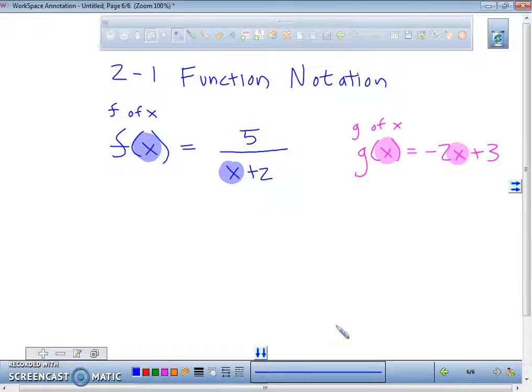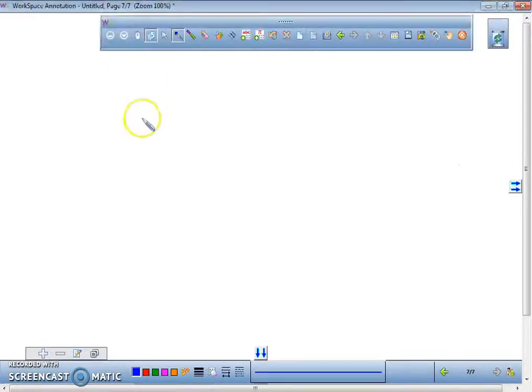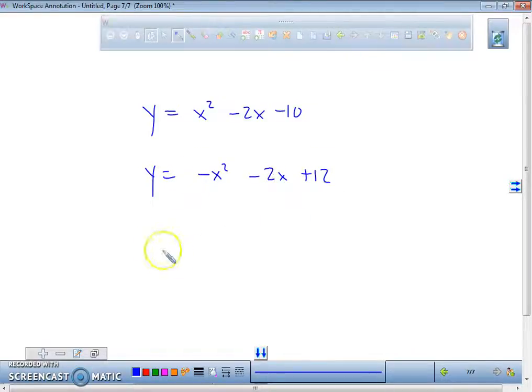Now, I don't want you to do this in your journal right now, but let me show you the reason why we have function notation. If I had y equals x squared minus 2x minus 10, and y equals negative x squared minus 2x plus 12, and y equals negative 2x squared plus 5x plus 27, I had to say a lot at one time.